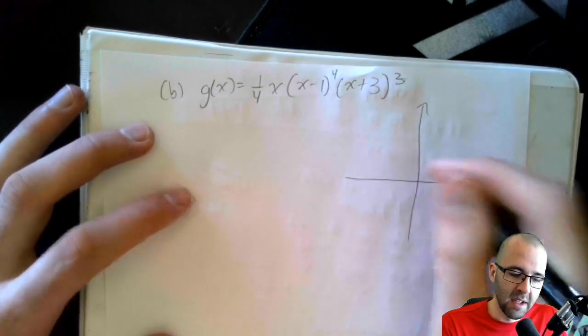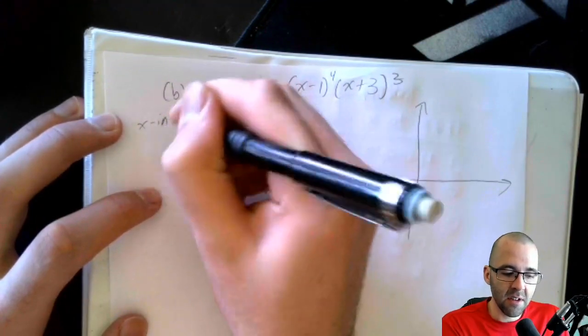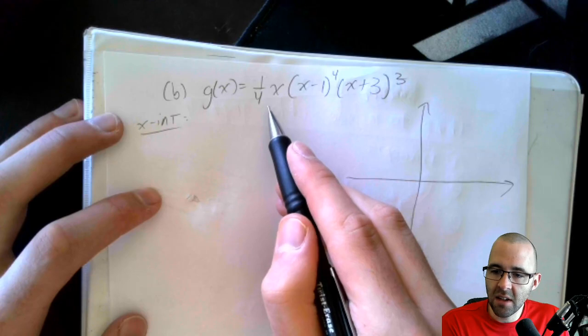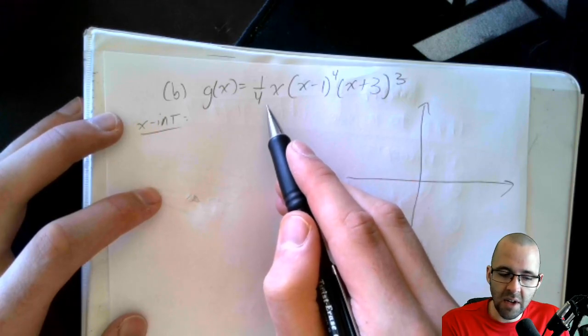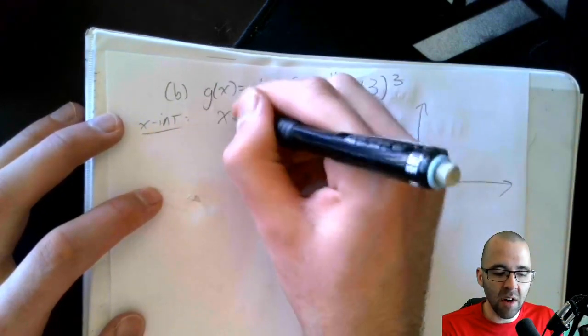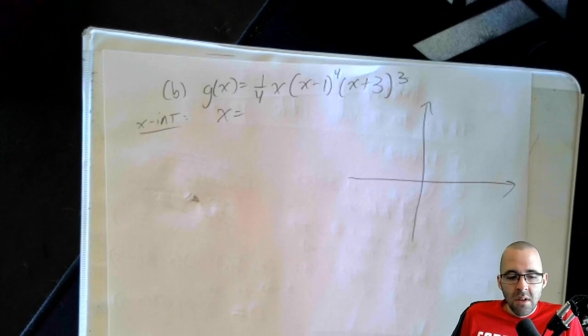All right. So intercepts. This first part is always a little tricky. Does this have an x-intercept of 0? The other one didn't have an x-intercept of 0. Does this have a 0 at 0?